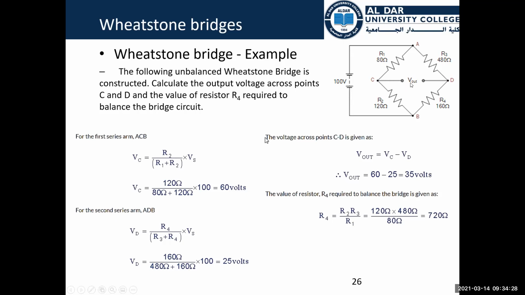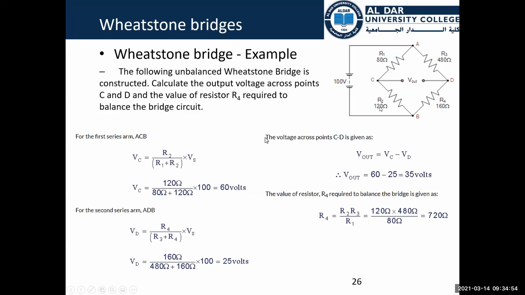I want the amount of V out. How to calculate it: we have here a voltage source of 100, and I multiply this 100 by this resistance. Not this resistance exactly, but the percentage of this resistance regarding the entire branch.